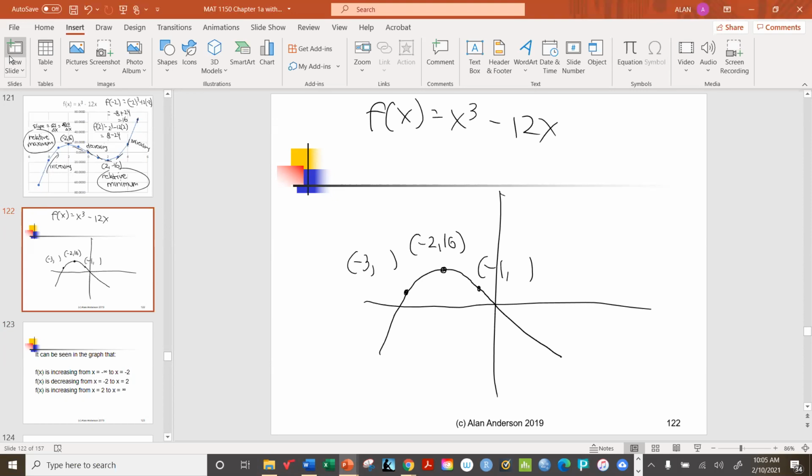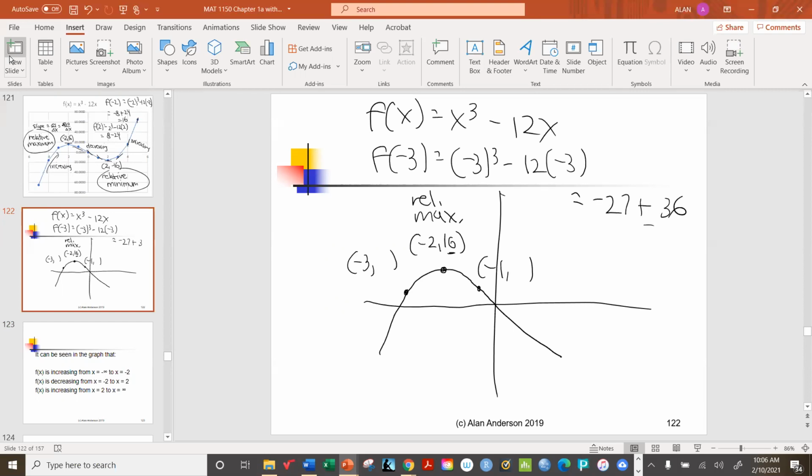The fact that it's a relative maximum means that on either side of this point, the function's value should be smaller than 16. So f of negative 3 is negative 3 cubed minus 12 times negative 3. So we have negative 27 plus 36, which is 9.